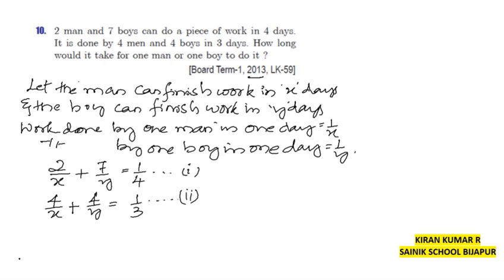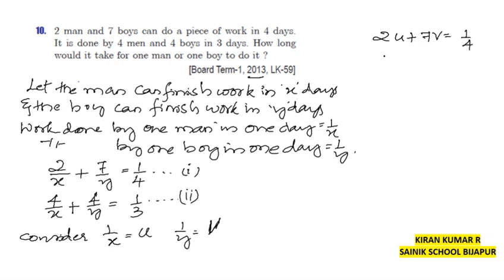For simplification, let me consider 1 by X as some variable U and 1 by Y as some other variable V. Now the equations will be 2U plus 7V equal to 1 by 4, and one more equation will be 4U plus 4V equal to 1 by 3.